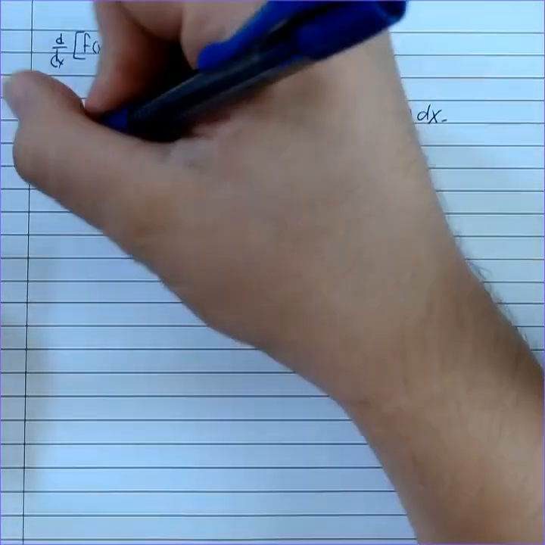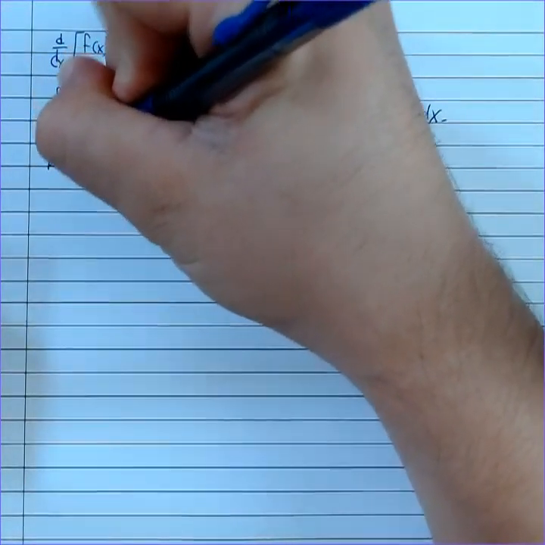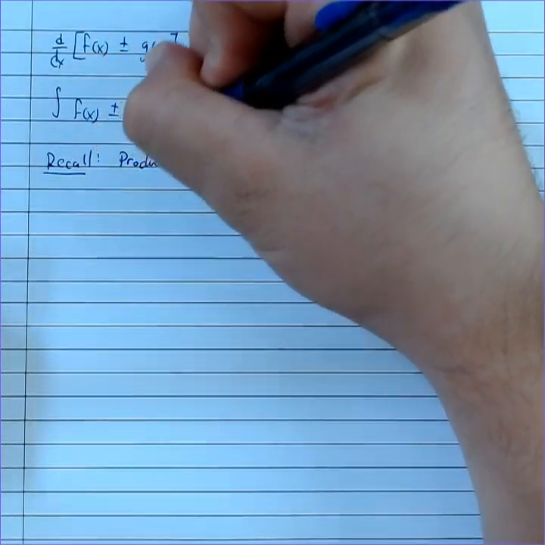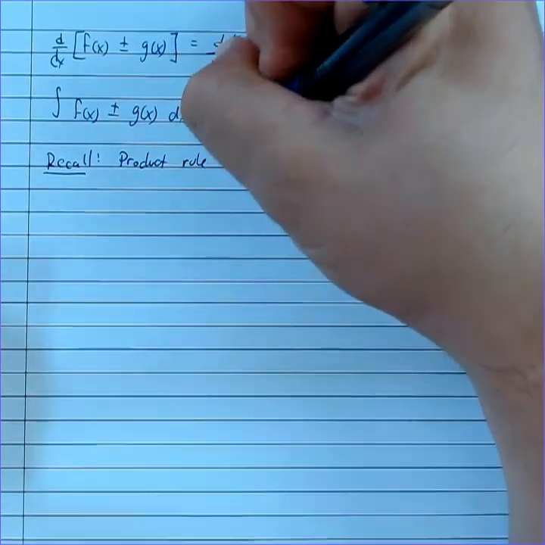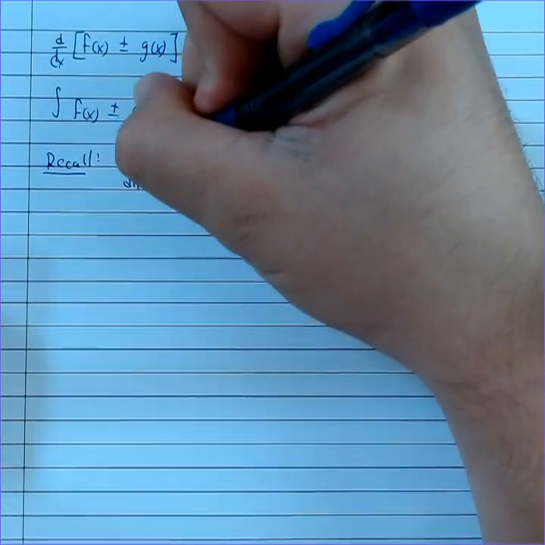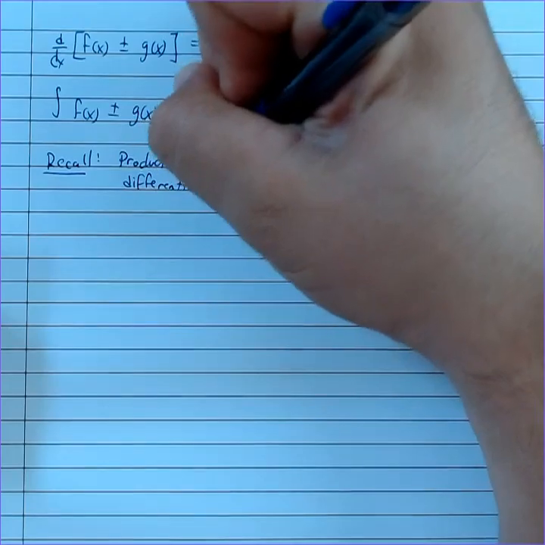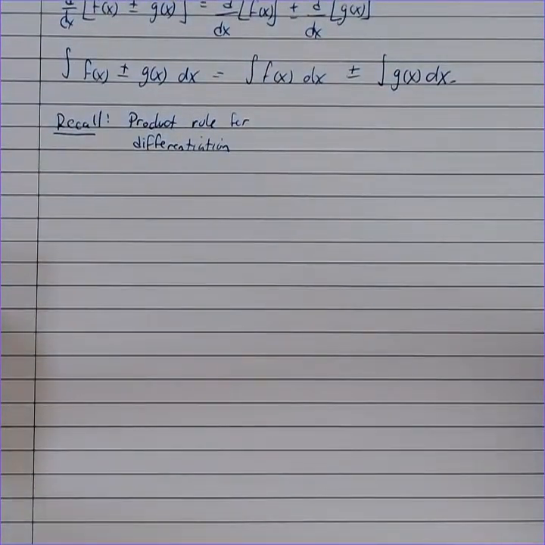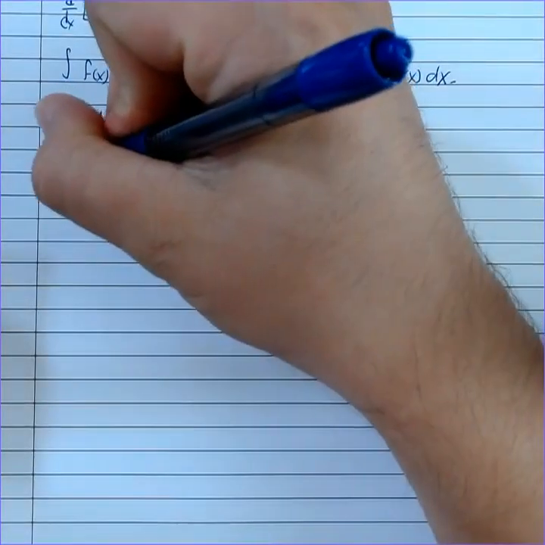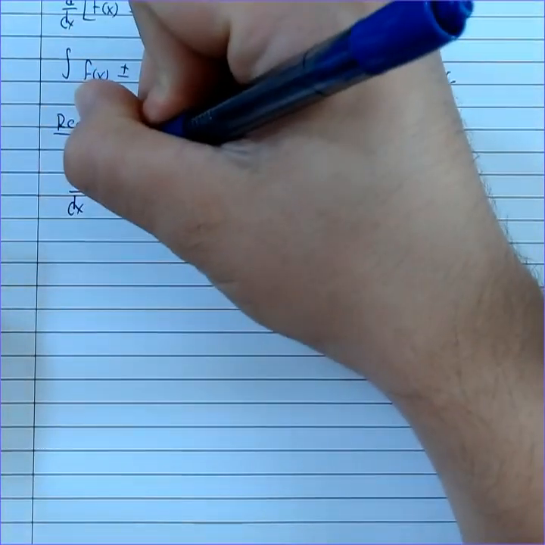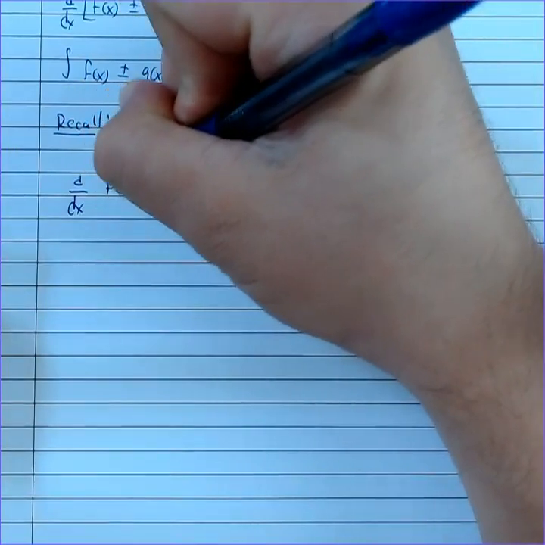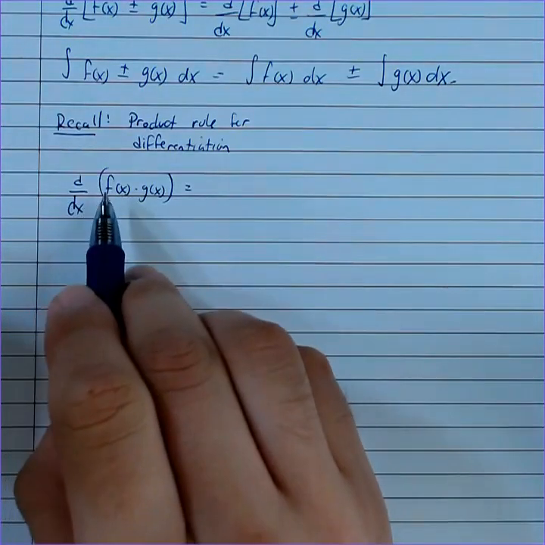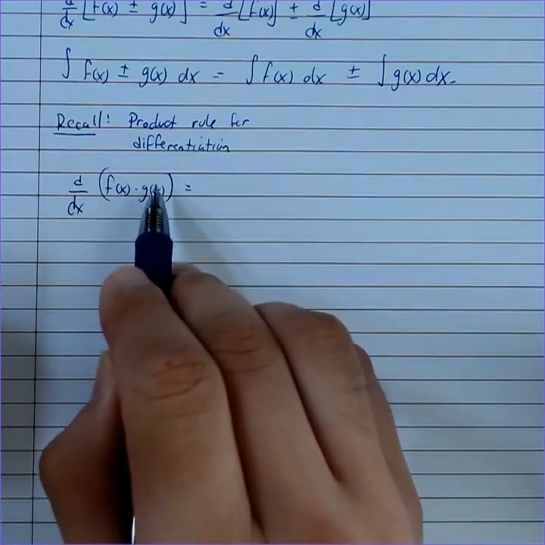All right? So go ahead and recall what's called the product rule for differentiation. And that's to say, we're going to take the derivative of a product. So if I take d dx of f of x times g of x, that's going to require us to take the derivative of the first part and then times the second part.